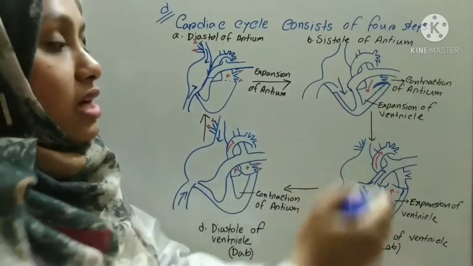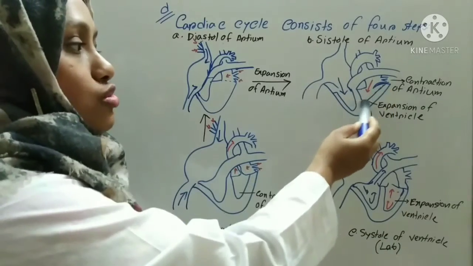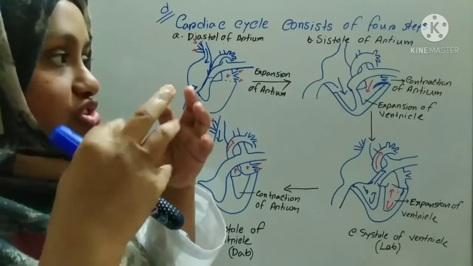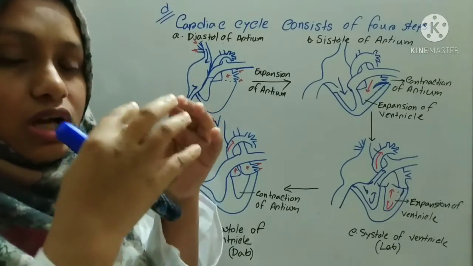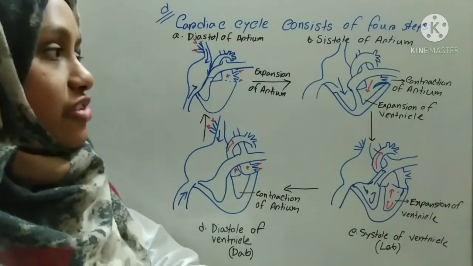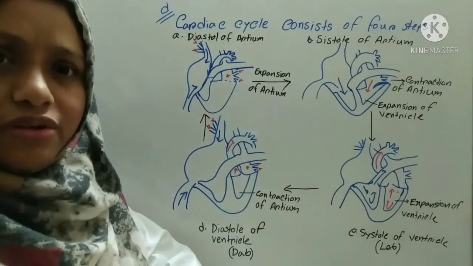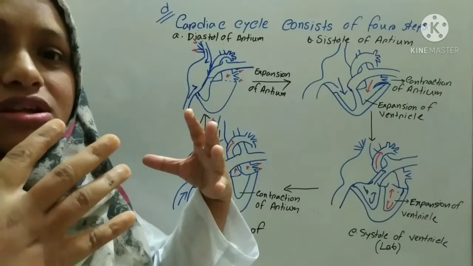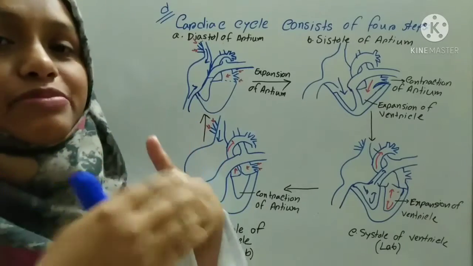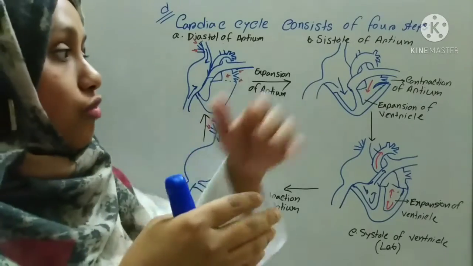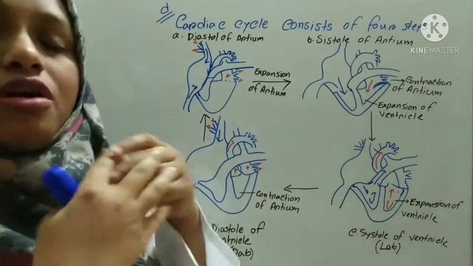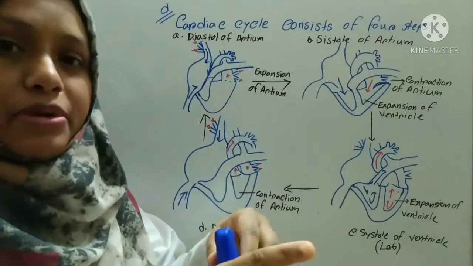When the blood enters from the atrium to the ventricle, the atrium contracts. Due to contraction of the atrium, the blood is released into the ventricle. When the blood is released into the ventricle, at the same time the ventricle expands. It happens at the same time. So when the contraction of the atrium happens, at the same time expansion of the ventricle already happens.